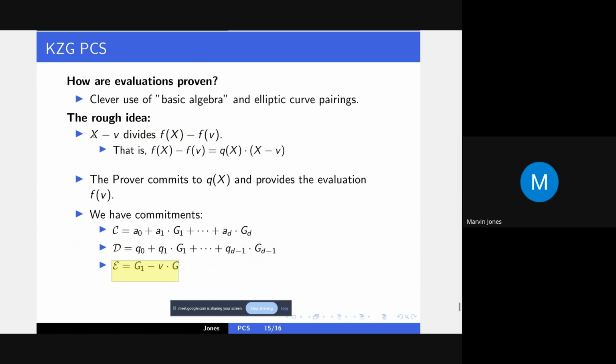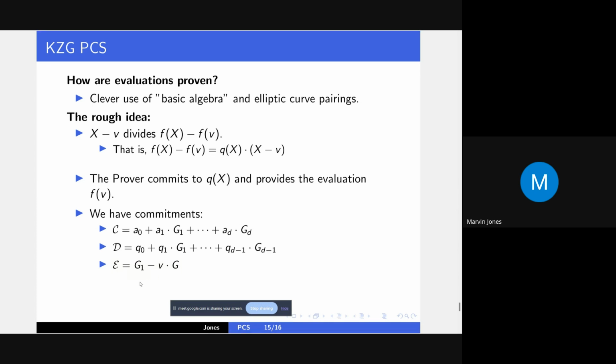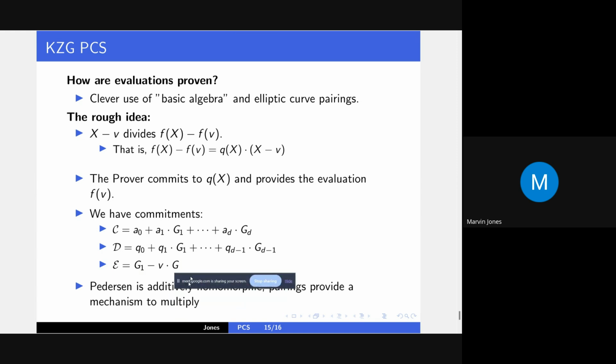And we can also go so far as to compute the commitment for this univariate polynomial x minus v. Now, why we care about those commitments is because these commitments are what we essentially have. I don't have q of x given to me in plain text. I don't have f of x given to me in plain text. So I need to be able to do the arithmetic on these polynomials using these commitments.